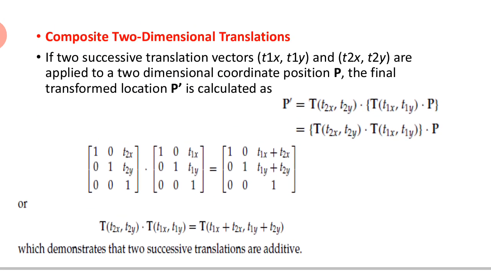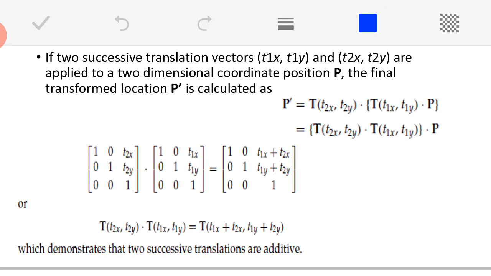So, here the first one is composite 2D translations. When I am going to apply successive translations here, see here, I want to perform the translation two times. One with the translation factors T1x and T1y, and another translation with T2x and T2y, on a point P in two dimensions.